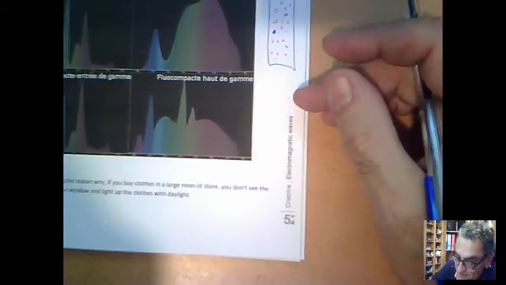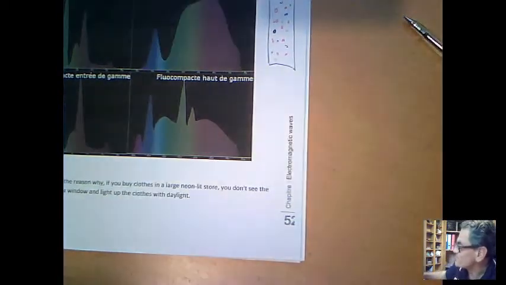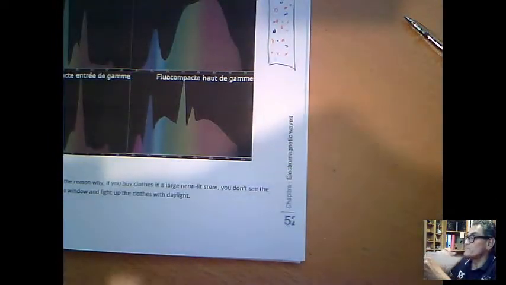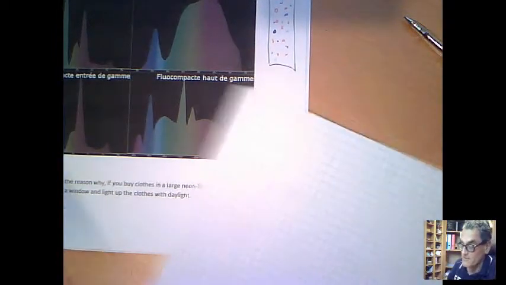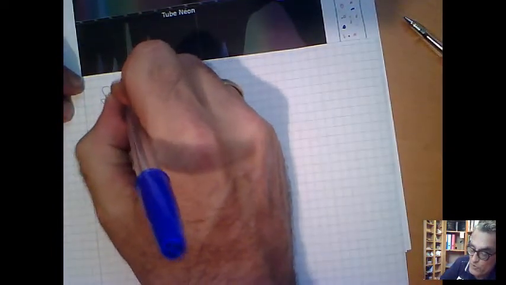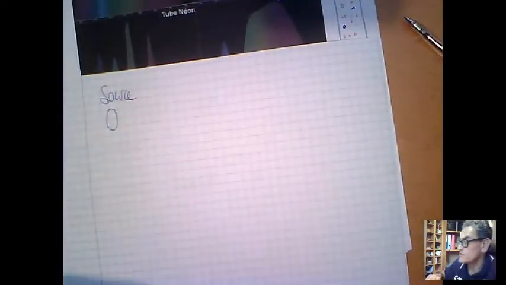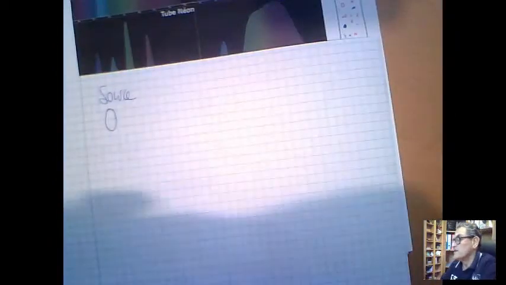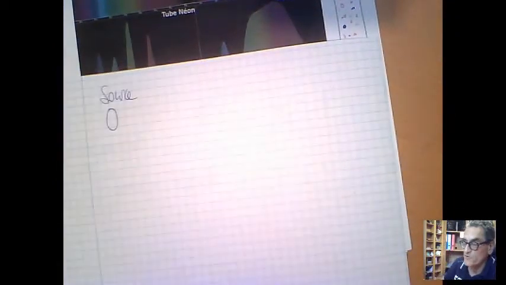It's correct. But okay, you give the correct answer now. I cannot bother the others. It's absolutely correct. You have a source of light, and the source of light is sending out different colors.